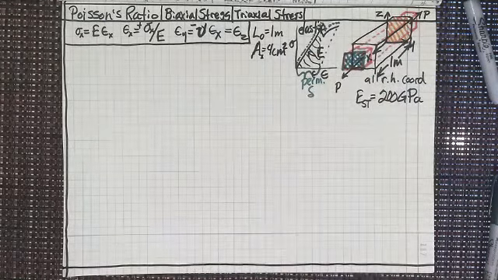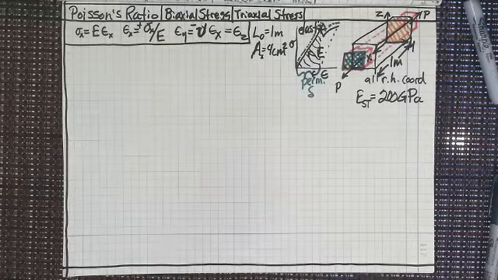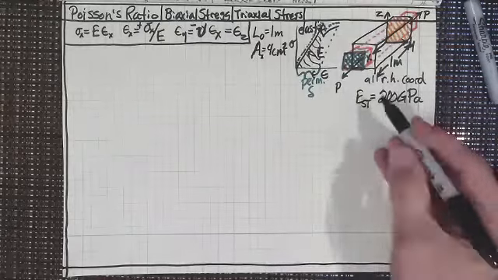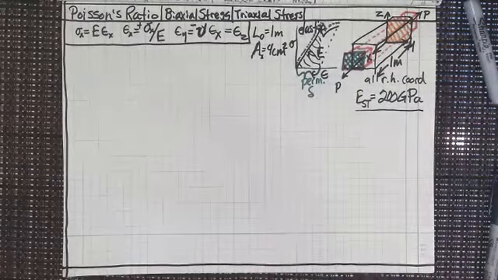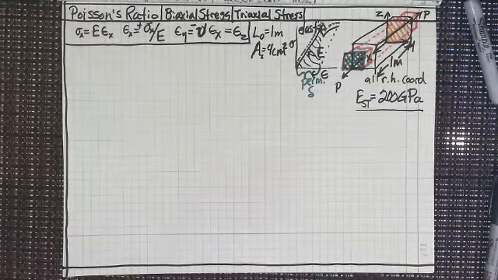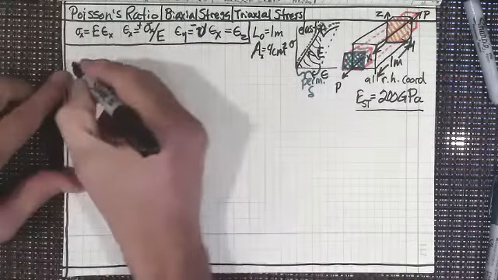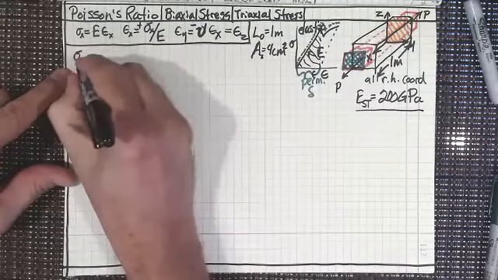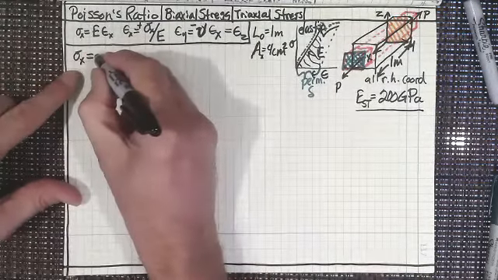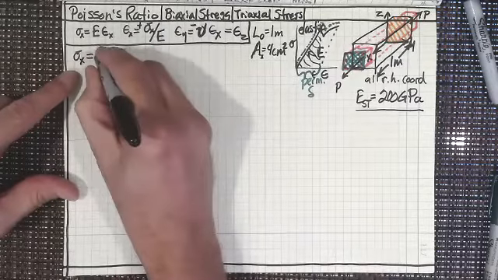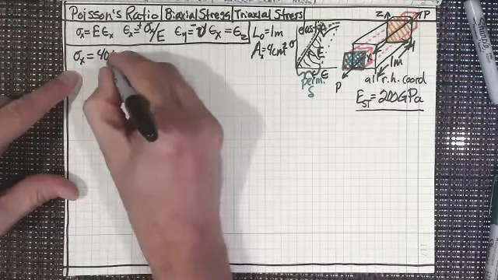I gave you the modulus, that's what we're going to use for steel, because this is a steel bar, a 1 meter long steel bar that we start pulling on. And we're going to put a stress on it, right? We look at the stressometer and we see that we've got a stress in that bar of 40 megapascals.